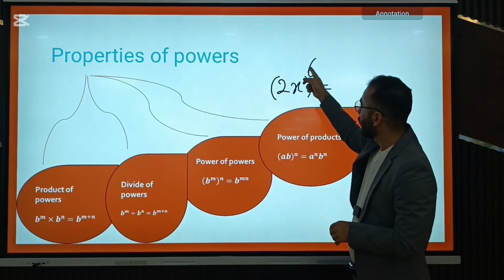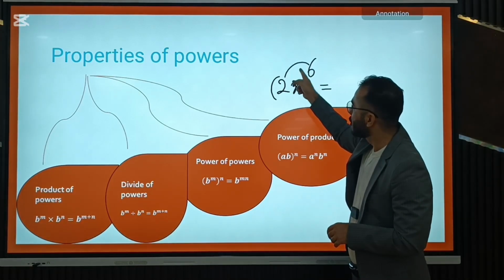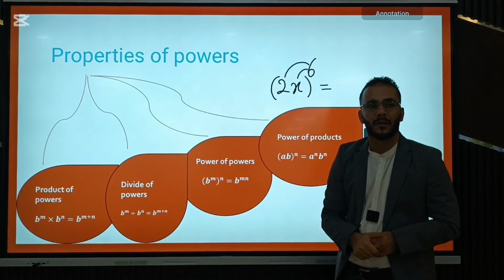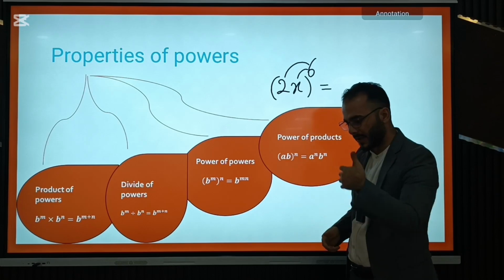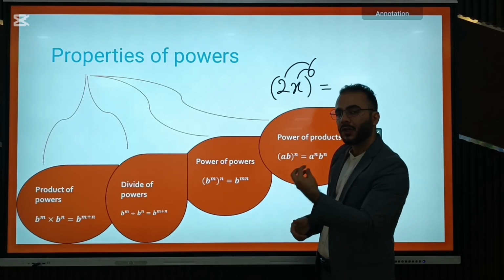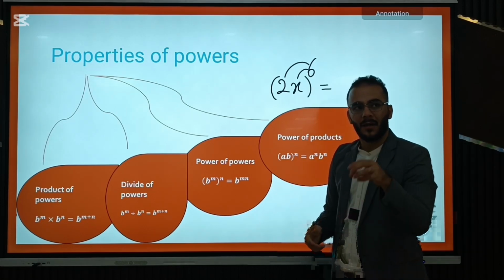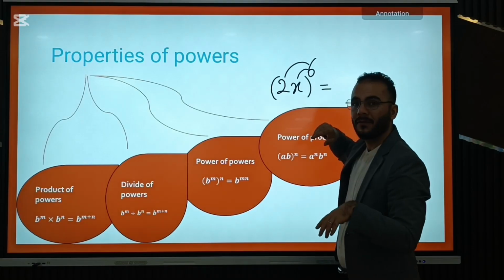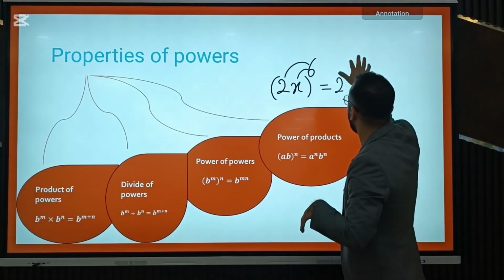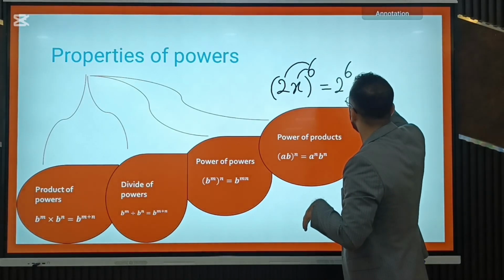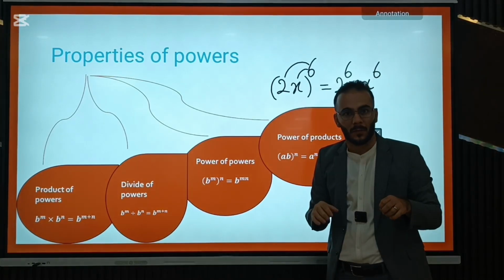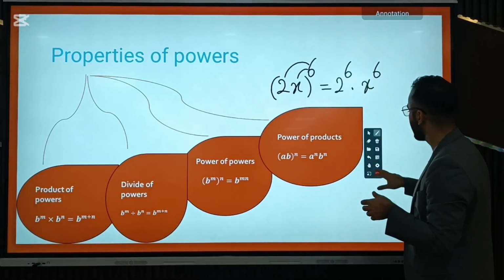That 6 will be distributed on each term inside the bracket. We are going to raise each term in the bracket to that exponent, so 2 to the power of 6 times x to the power of 6.